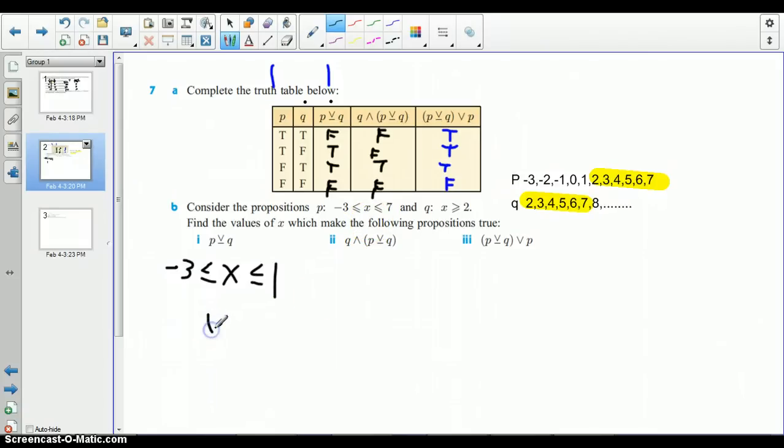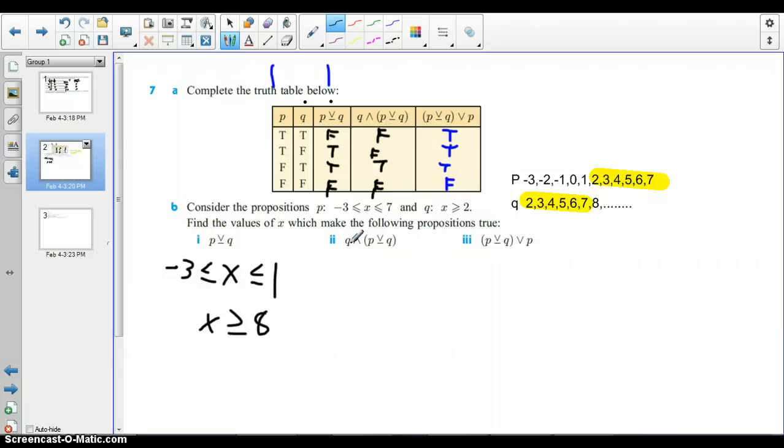Also, these x values, anything greater than 8, is only true in Q. So the exclusive disjunction is only when only one of them is true. So between -3 and 1, those values are only in P, not in Q. From 8 and on, those values are only in Q, not in both. So we have our exclusive disjunction here. These values are what make the exclusive disjunction true.